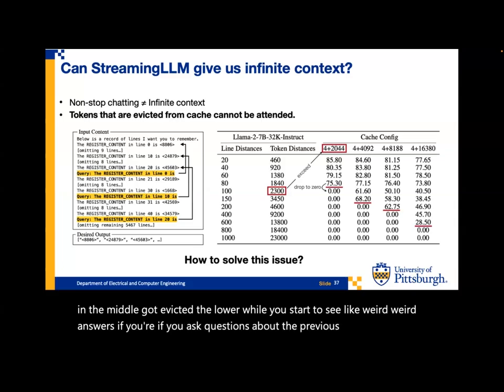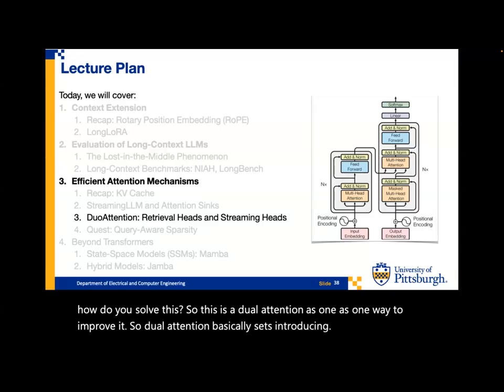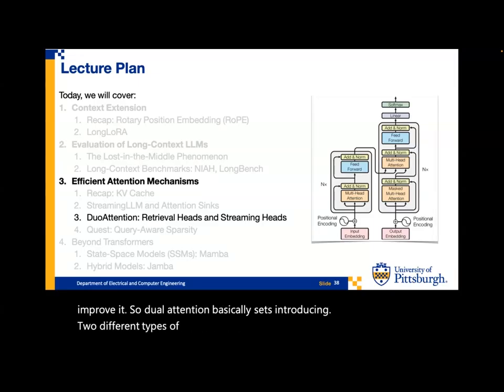So how to solve this? Dual attention is one way to improve it. Dual attention basically introduces two different types of attention heads. One is called retrieval, one is called streaming.